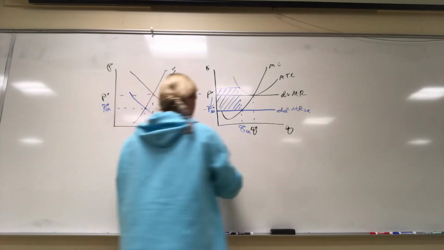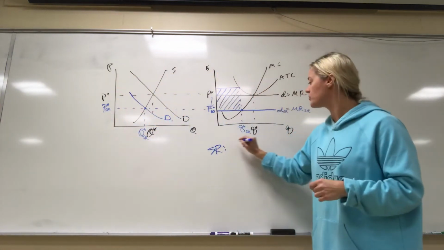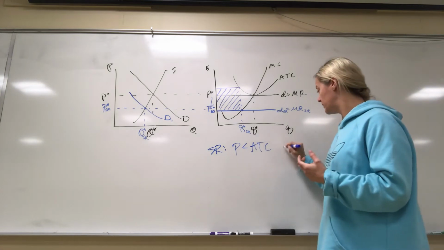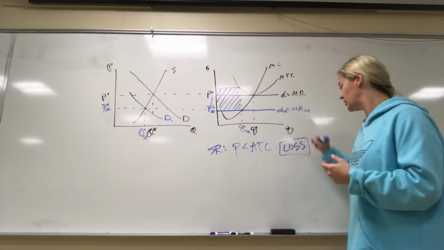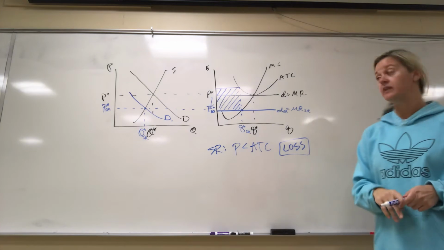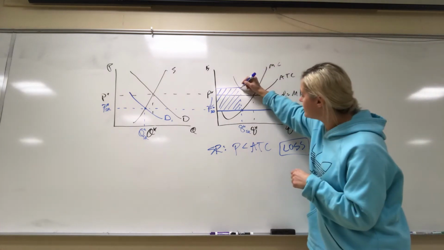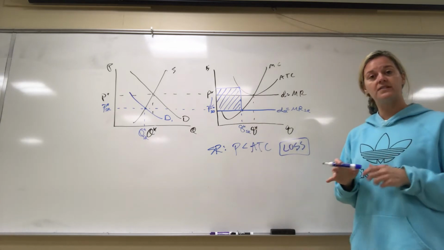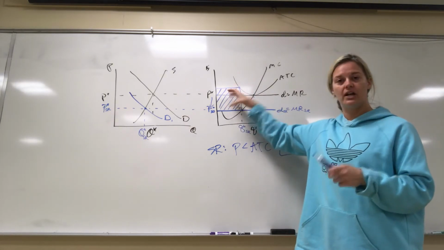So we have, in the short run, price is less than ATC, so we're looking at economic loss, right?